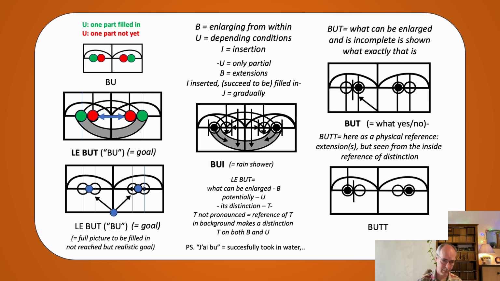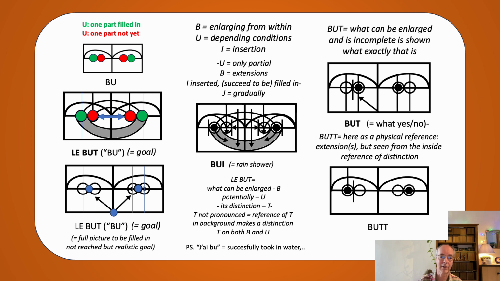So in a way this is the full picture, a vision on the full picture of what can be filled in. It's a realistic goal, knowing what can be filled in and what cannot be filled in, and realizing it and going towards that point makes it also realistic.